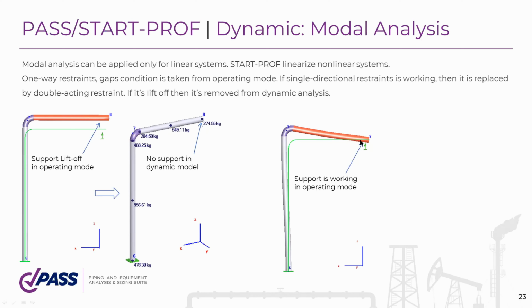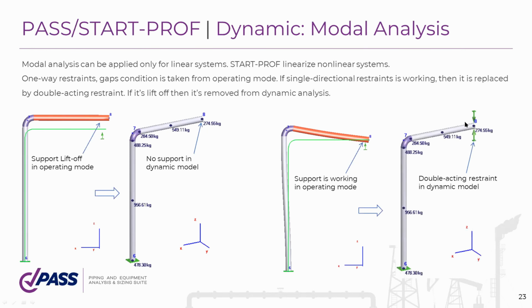For example, the weight of this pipe is great, and the pipe has fallen down, lying on this support, and it's working in operational mode. In this case, START-PROF will consider this support, but it will replace the single directional support by a double acting restraint and perform dynamic analysis.